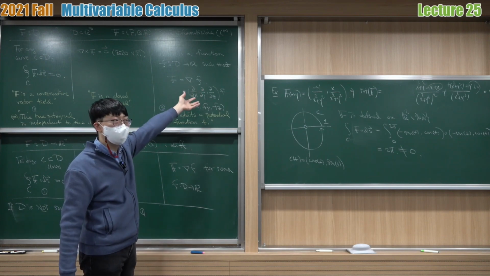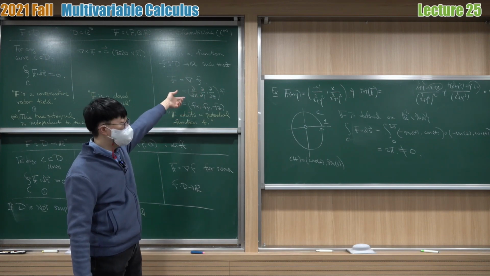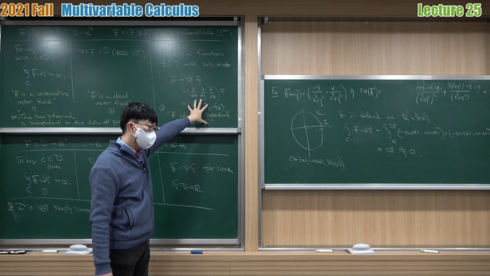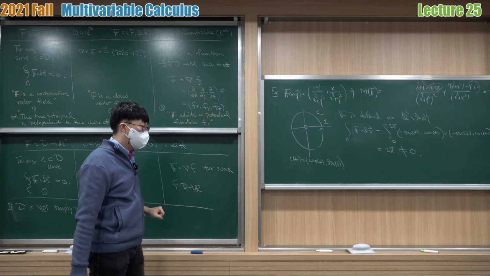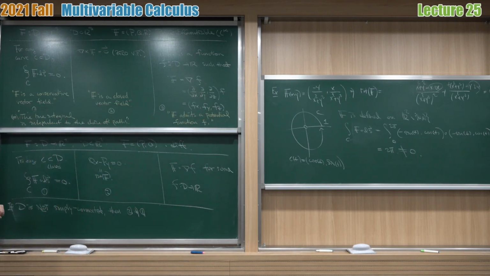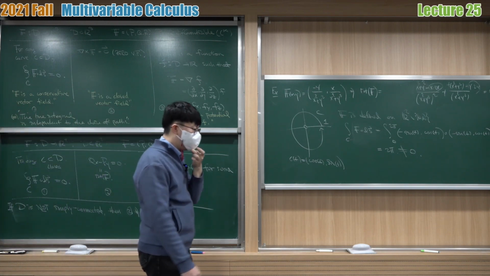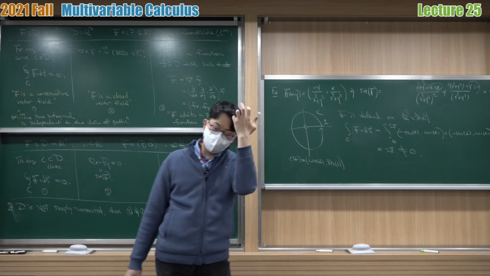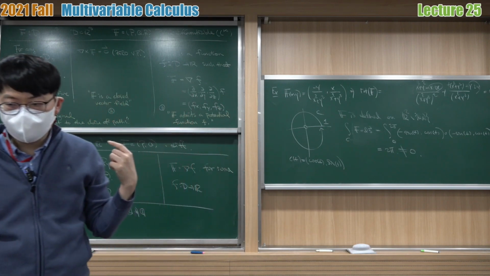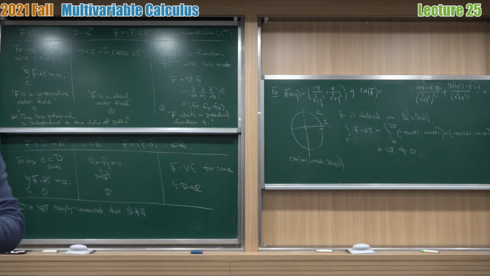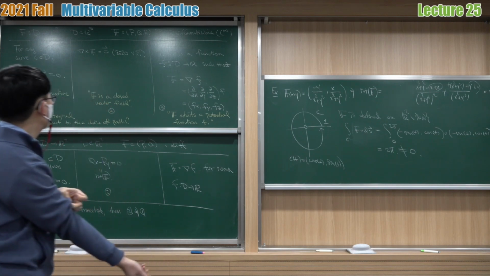Even though you cannot find an explicit potential function, you can always assume that this f is given as a gradient of a function, and also you can assume that this line integration always depends only on the starting and end points. So this is a theory.